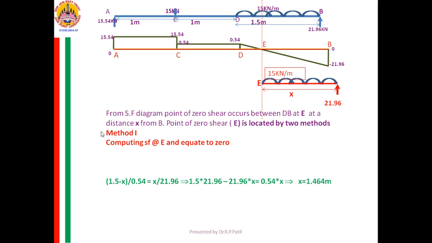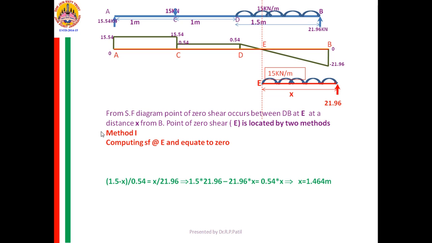Yes friends, can you tell me the SF if the distance is X? There I want the SF. Yes, two loads are there. One is 21.96, one more is 15 into X, right?